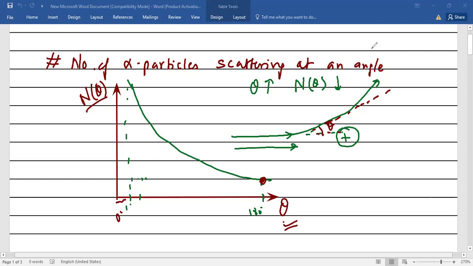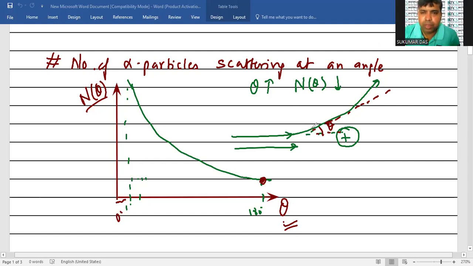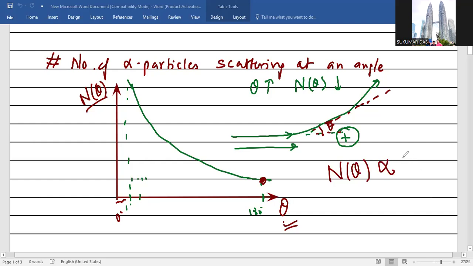Is it okay? Yes, sir. Okay. So now we will see the relationship between N theta and theta. N theta is directly proportional to 1 over sine to the power 4 of theta by 2. This equation is quite big, but we will just look into this.